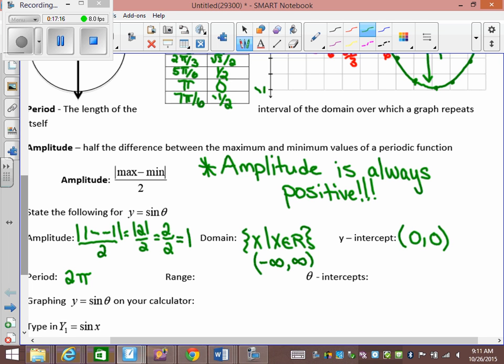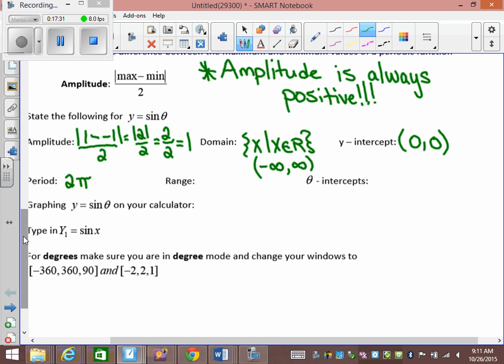What's my range? My range for every sine and cosine graph can be between 2 values, because I have a maximum and a minimum on every sine and cosine graph. My maximum is 1 on this graph. My minimum is negative 1 on this graph. So my range is going to be y such that negative 1 is less than or equal to y is less than or equal to 1, y in real numbers.